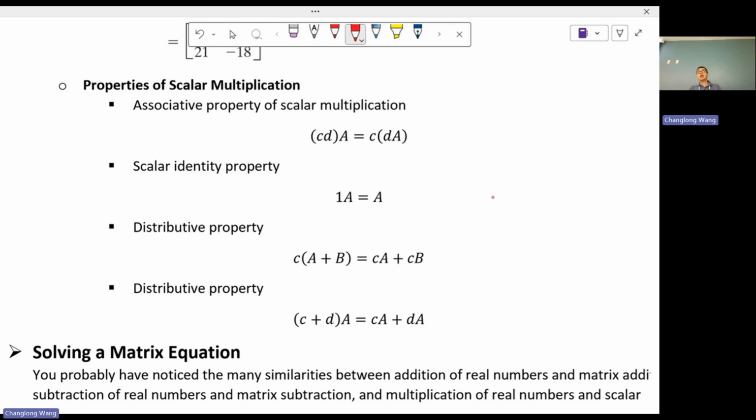So you may know exactly what it is, or you may not know, but you should never overcomplicate it. It's just a number. So anyway, you see that associative property. Scalar identity, such a fancy way to say the number 1. Distributive property, in 2 different ways. I mean, you get it. Either add up the 2 matrices, then distribute a constant C or a scalar C, or add up the 2 scalars, then distribute the matrix.